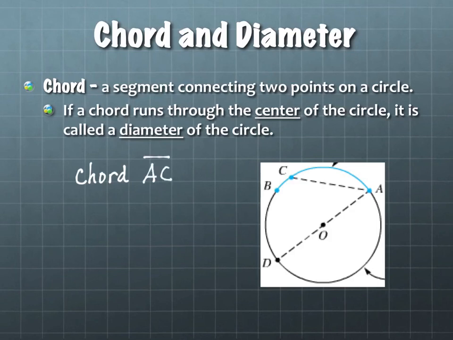Notice it's a flat segment. It is the segment AC, not the arc. So in our image over here, it's this right here, AC. But then if it actually goes through the center of the circle, we would have a diameter. In ours here, the diameter is AD. And it's this piece right here.